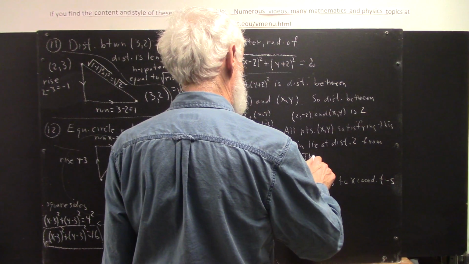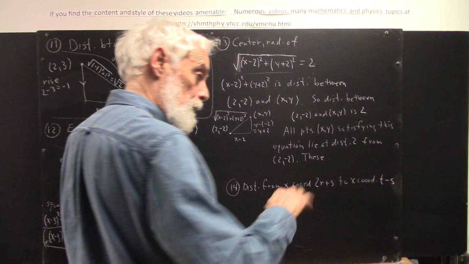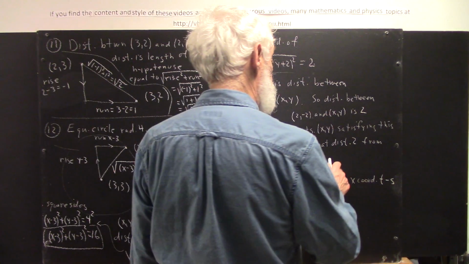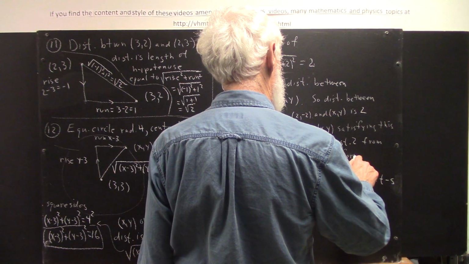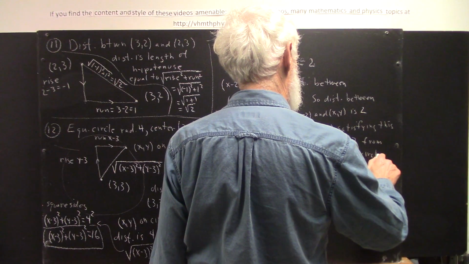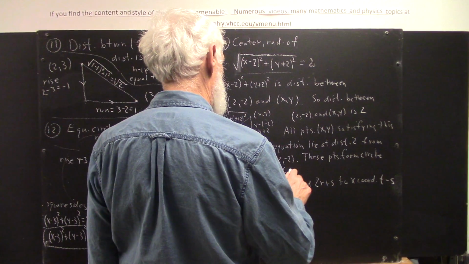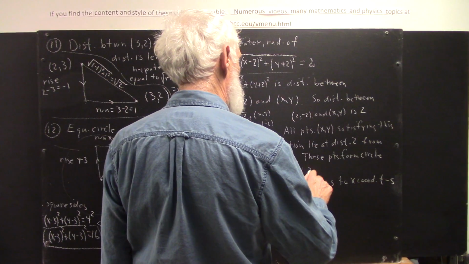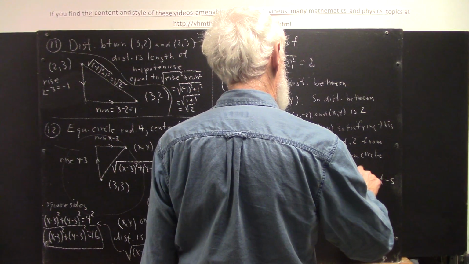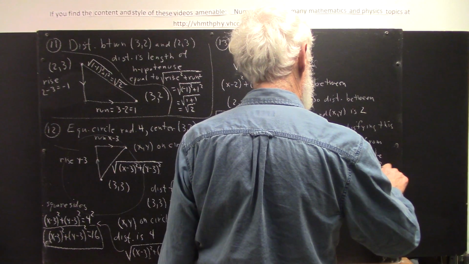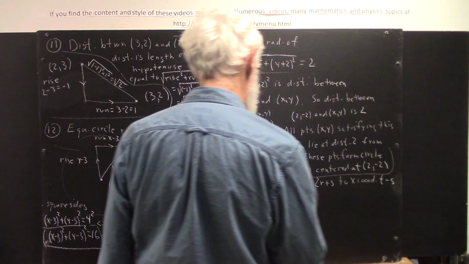I haven't really proven what I'm about to say here, but I'm going to gloss this over. So these points form the circle of radius 2, centered at the point 2, negative 2.